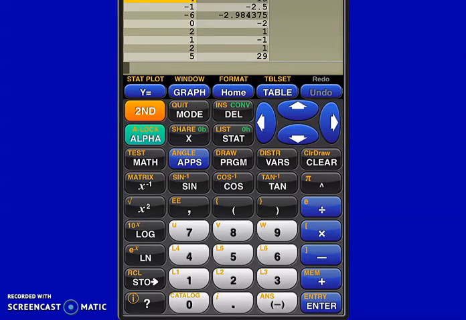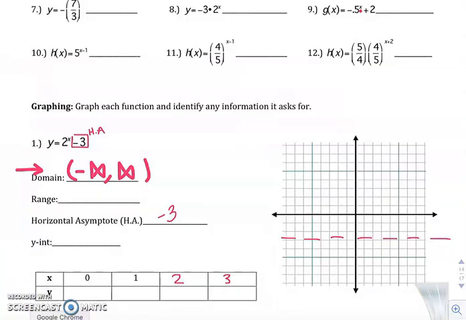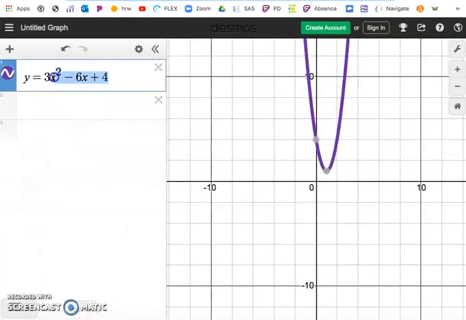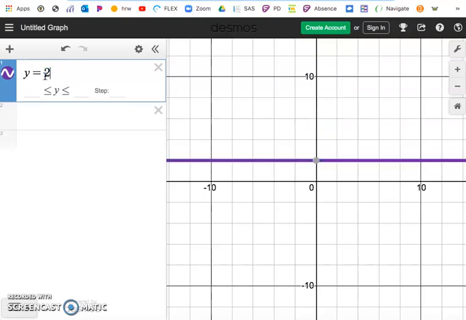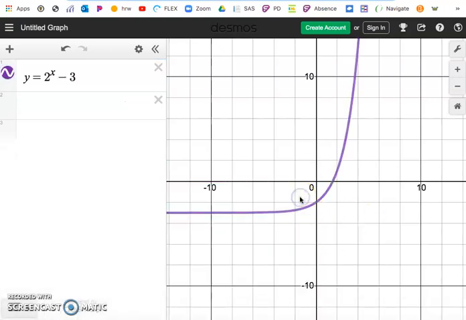If you don't have a graphing calculator, we're going to head to Desmos. And we're going to do y equals 2 to the x minus 3. Okay, so we have a general picture there.